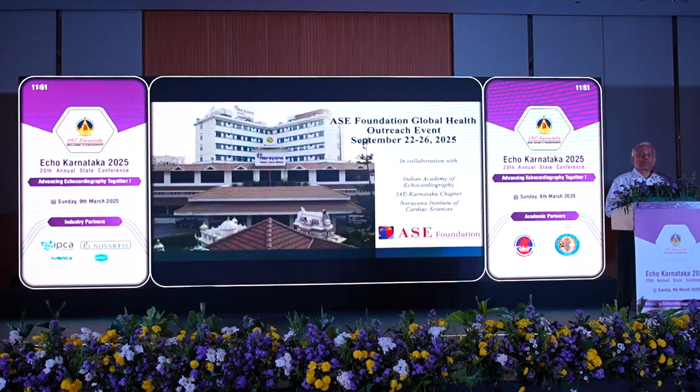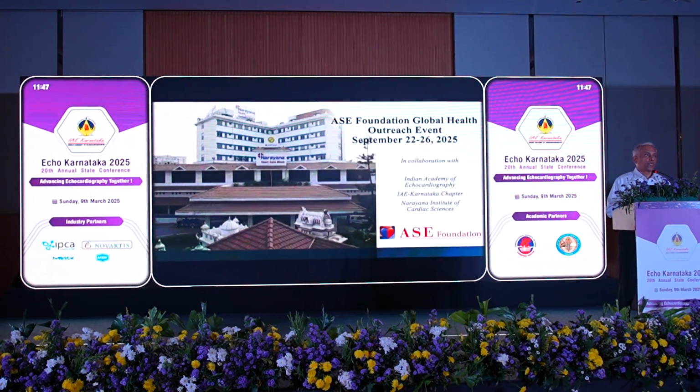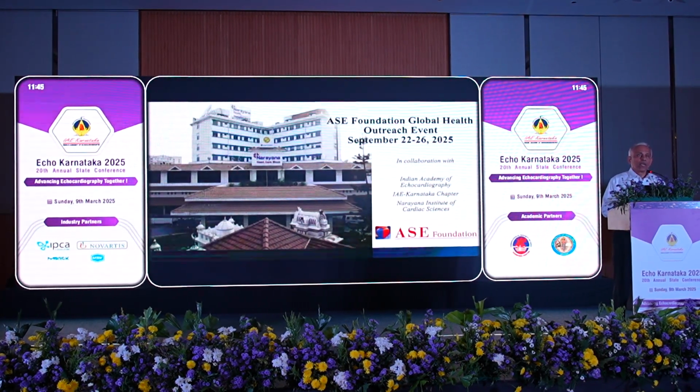That is a charitable foundation, and they go around the world once in a few years and do charitable work. I think it was in 2013 or so, they came to India and did an outreach camp in Delhi. And this time they have chosen Bangalore, so they will be coming. This decision was taken yesterday, and they wanted me to share this with this forum. That is the reason why I'm showing you their slides.